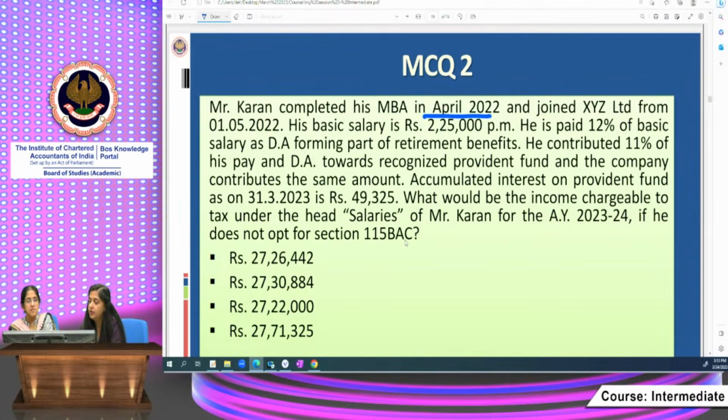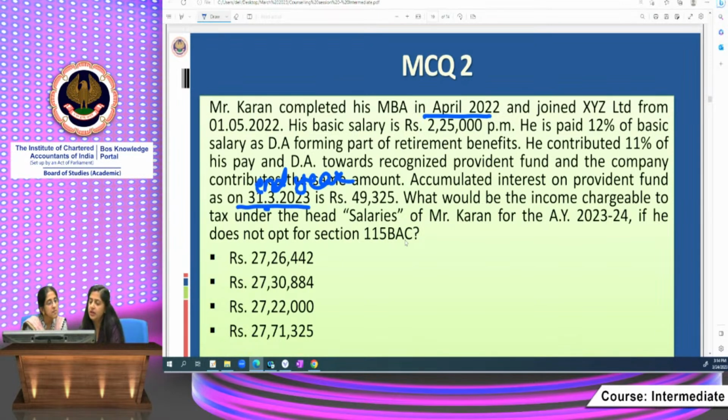He contributed 11% of his pay plus DA towards RPF, and the company contributes the same amount. Accumulated interest on Provident Fund as on 31st March 22, which means year end, is 49,325. What would be the amount chargeable under the head salary of Mr. Karan if he doesn't opt for section 115BAC?